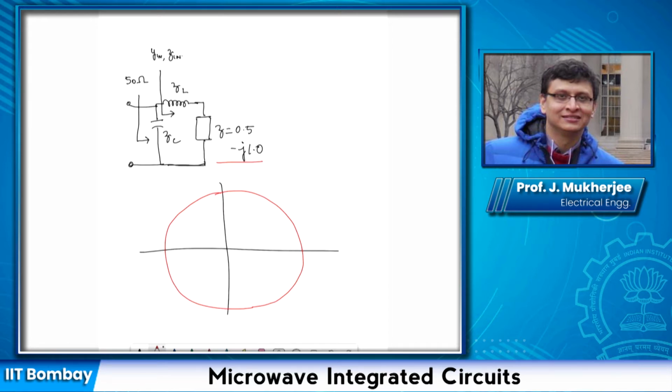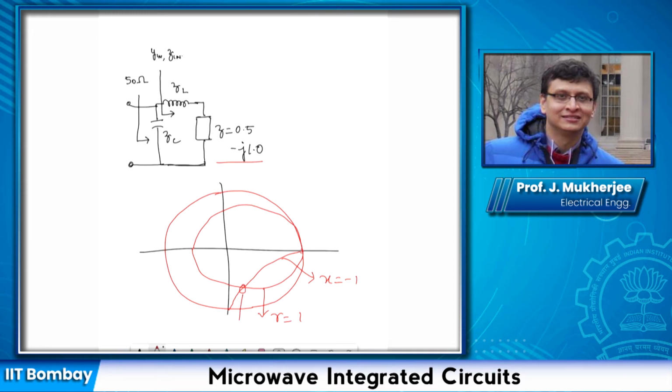So that will be somewhere here. So this is my, say my point, say my R equal to 0.5 circle, and this is my, say, X equal to minus 1. And this is R equal to 1 circle.